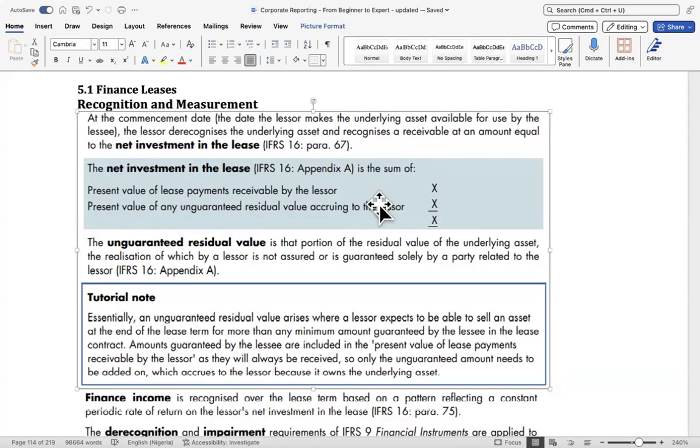So the lessee can say, okay, this asset, I'm assuring you that at the end of the lease term, you will still be able to get a value of 50,000 naira from it. The lessee can tell the lessor like that. When he says something like that, that 50K becomes a residual value guarantee. And immediately they will factor it into the lease rental the lessee will be paying.